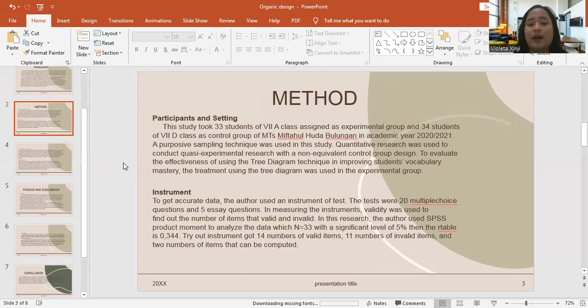In this research, the author used SPSS product moment to analyze the data with a significance level of 5%, and the table value is 0.344. The try out instrument got 14 valid items, 11 invalid items, and 2 items that can be computed.